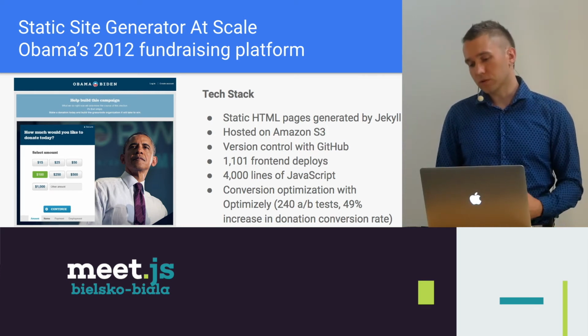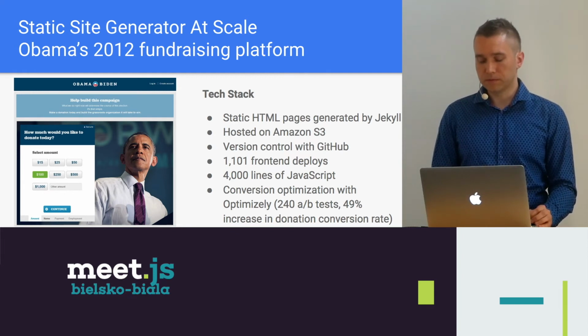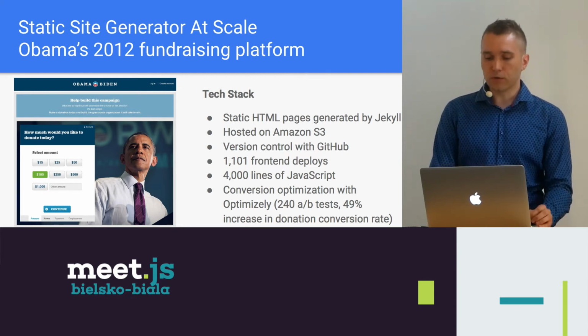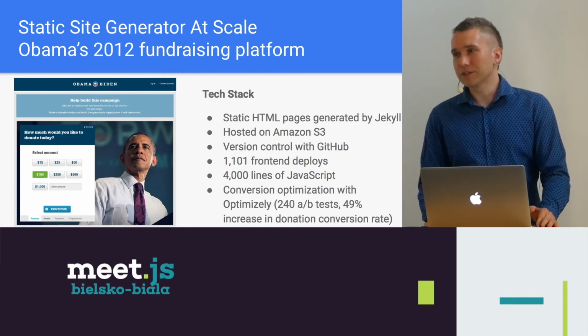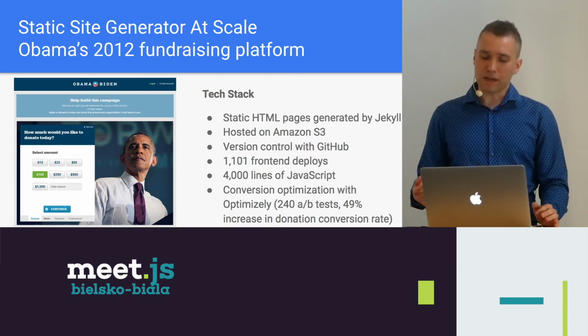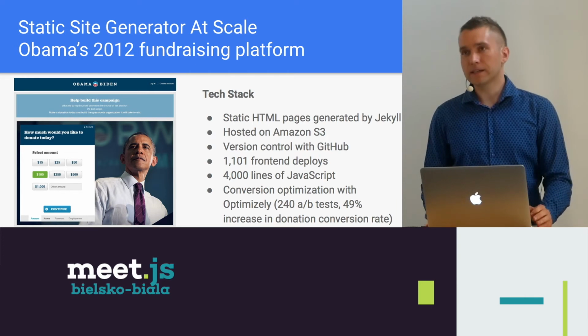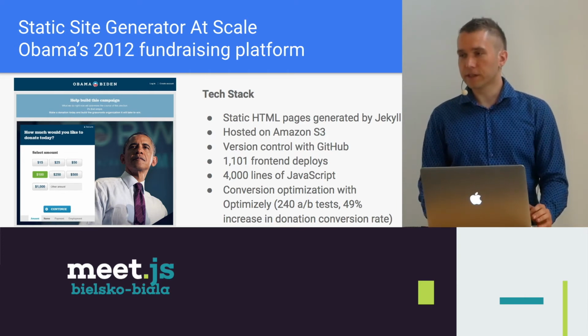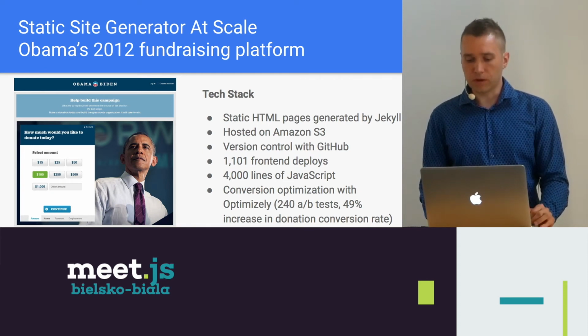It was version controlled with GitHub, so no magic behind it. There were over 1,000 front-end deploys, so you can see it was not done and then nothing happened. It was a process during the whole project, around half a year from start to end, so during that time, quite a lot of deployments.